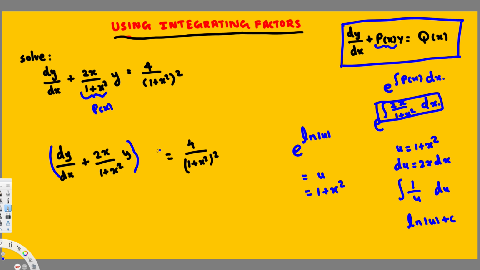So first we have 1 plus x square on this side, and we also multiply the other side by 1 plus x square.